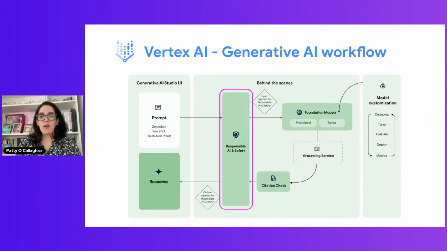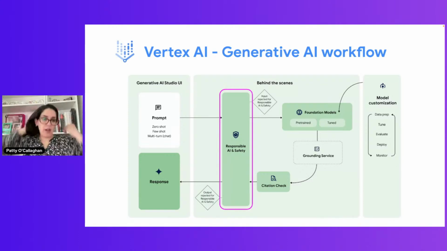And then again, we go to the responsible AI and safety layer, and the response goes through these security filters, just like we did at the beginning when the prompt went through this filter. It checks again some thresholds that you can set for different kinds of safety categories, and I'm going to show you and talk to you about those.